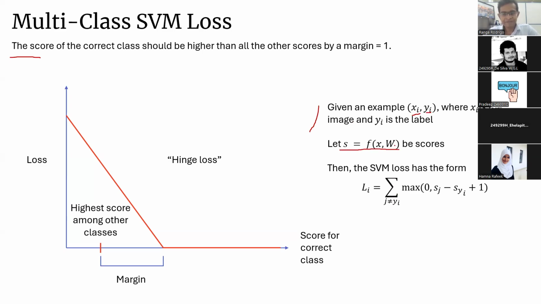These are the scores. Then the SVM loss has the form max between 0 and this quantity. What is this quantity? For the time being, forget about this plus 1. This is the score of the correct class.